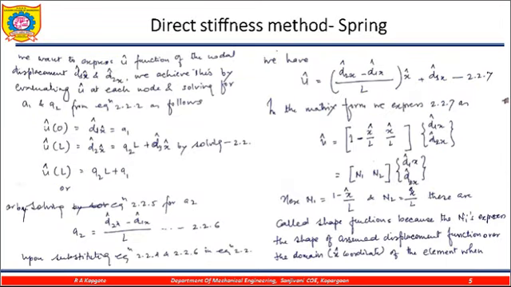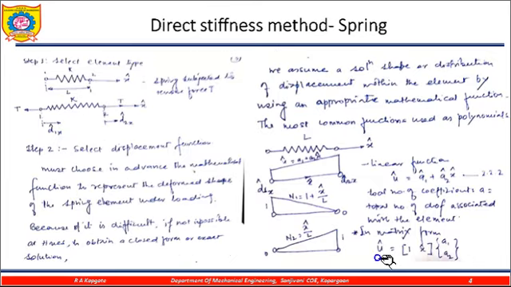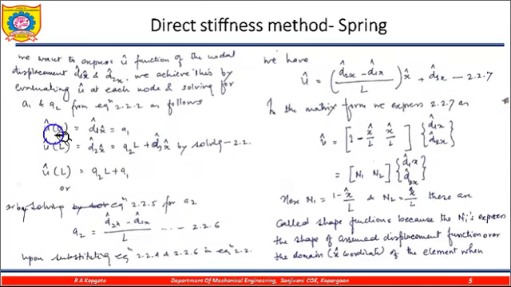Then I try to find the values at the various nodes. So u is equal to the 1 x matrix times a1 a2.